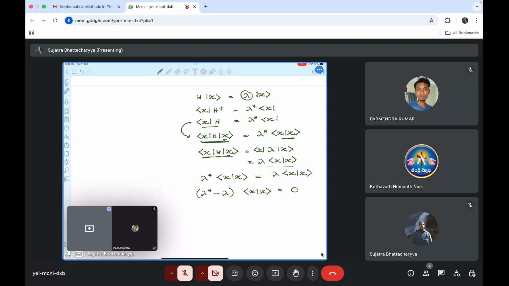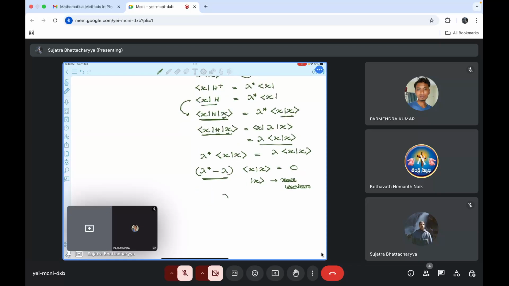The next important thing is that this X is not a null vector, we are assuming, so we can write that the other term is equal to 0. So lambda star minus lambda should be equal to 0, or lambda star should be equal to lambda.